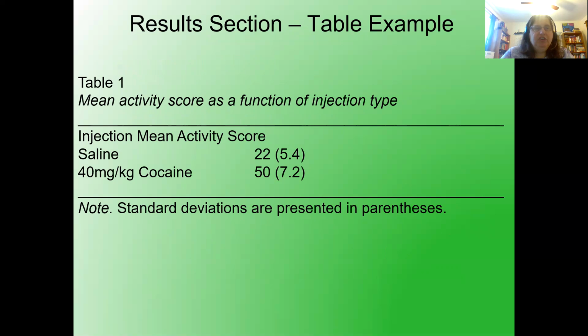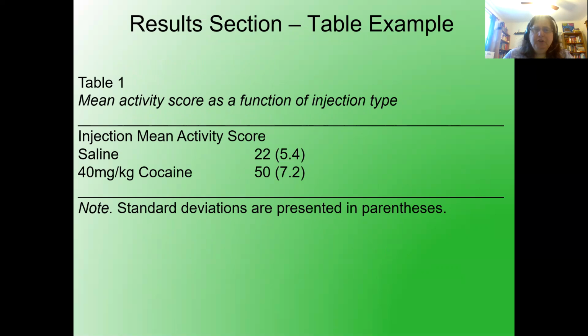Here is the injection mean activity score for the groups of saline and 40 milligrams per kilogram of cocaine. The means are 22 and 50. The standard deviations are in the parentheses next to them, 5.4 and 7.2. And it even says below that standard deviations are presented in parentheses.